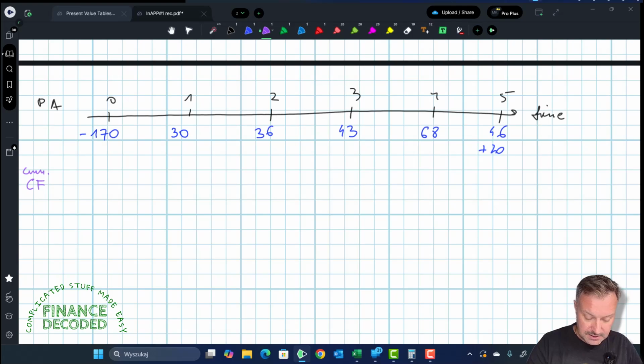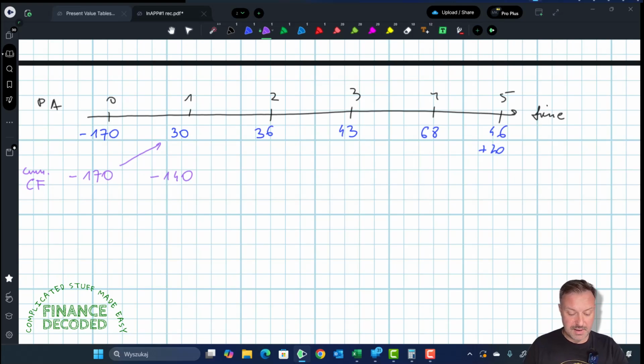Of course, at inception, after investing 170, the cumulative cash flow is minus 170. Then after 1 year, the cash flow goes up by 30.